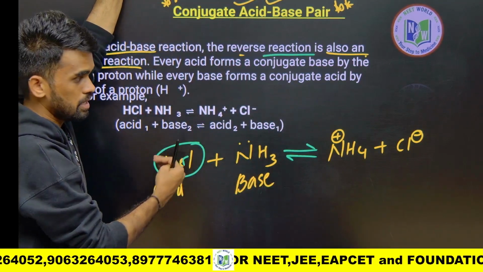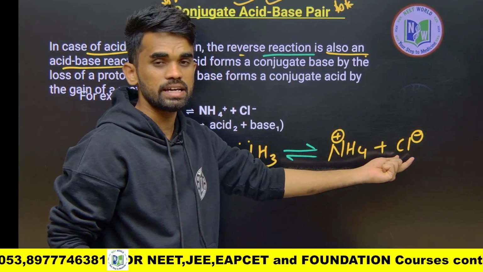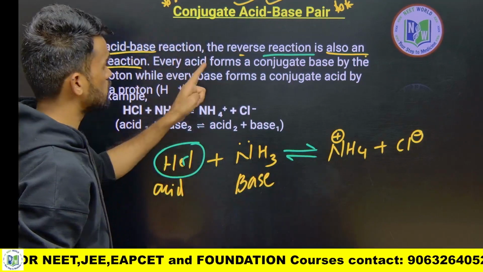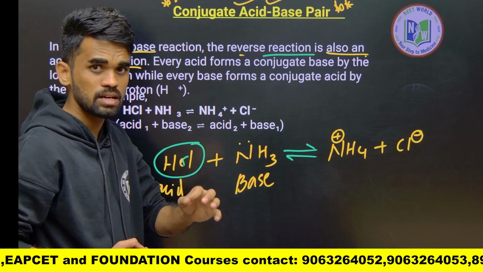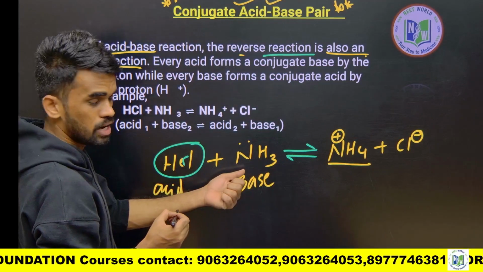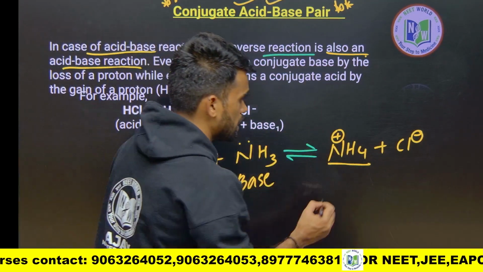Now this is donating H plus and this is taking that H plus. A proton donor is what? Acid. So this is donating H plus and becoming ammonia, and that H plus is taken by Cl minus, forming HCl. So can I write this as acid?